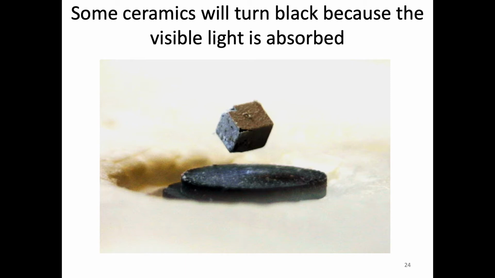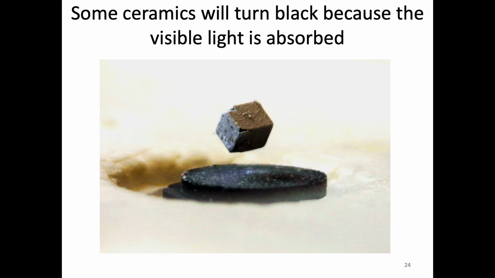I also wanted you to think about another aspect of our lab, and that is the superconductors, the YBCO that we used in lab. One thing you'll notice is that those materials were either very dark or black. So some ceramics will turn black. What I wanted you to think about there is the connection to visible light.